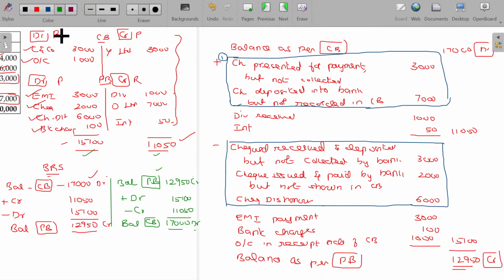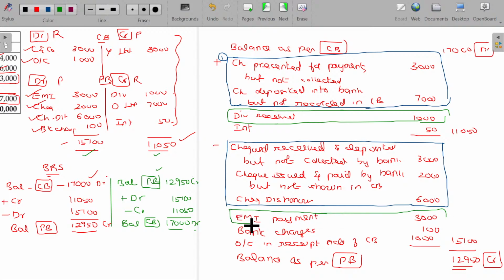So on receipt of the bank statement, I came to know these were receipts and payments. So as per the standing instruction, that will be the second part here: dividend receipt and EMI payment. These are the standing instruction receipts and payments. Second part.